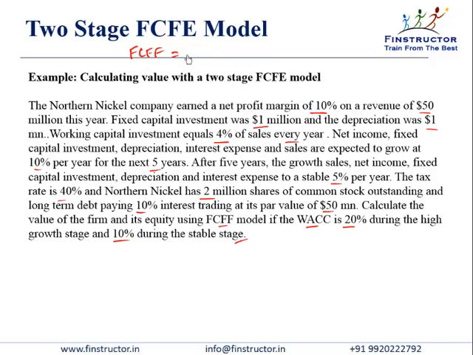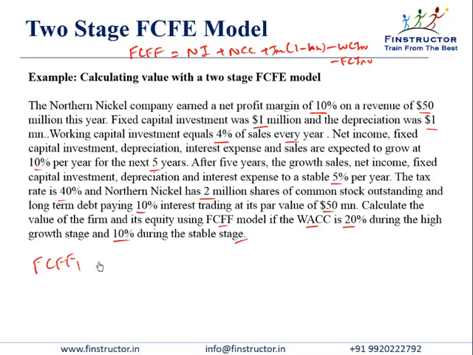So what we can try to apply is the net income plus the non-cash charges plus the interest into 1 minus the tax rate minus the working capital investment minus the fixed capital investment. Now let's look at each of these numbers for the next year and compute the free cash flow to firm for year 1, and then we'll see how to go about it forward.